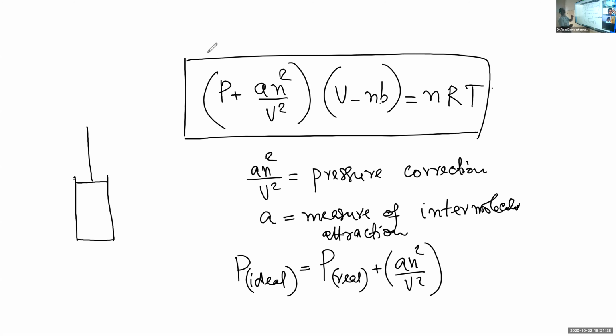According to Boyle's law concept, the volume of the gas is the volume of the container. That must be the volume of the gas. But when pressure increases, suppose this is 1 atmosphere pressure, then let the volume be V.